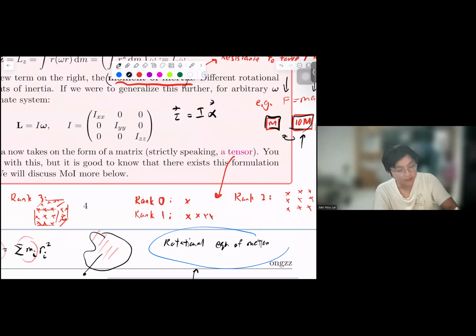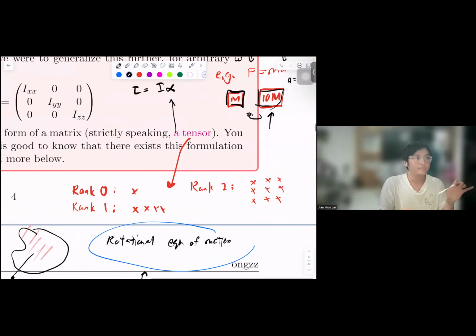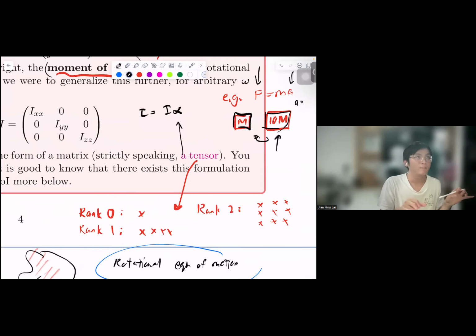If you want to maintain the angular acceleration in the same manner, say you have two different rigid bodies, and one has a moment of inertia 10 times bigger than the other. That means 10 times bigger torque is needed to keep these two in the same angular acceleration. Just an idea of that.